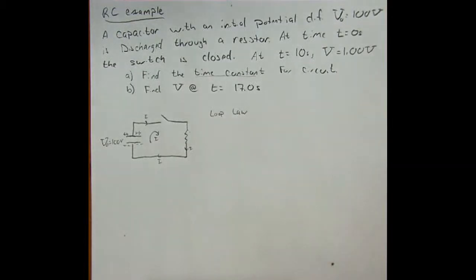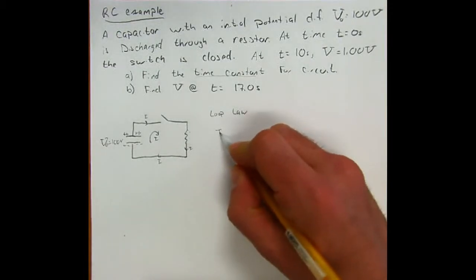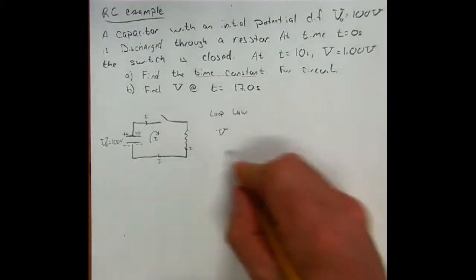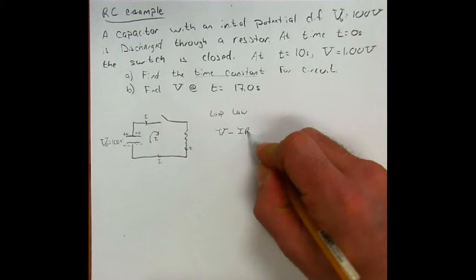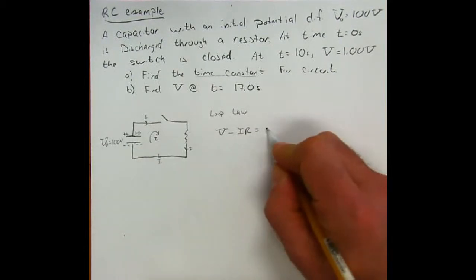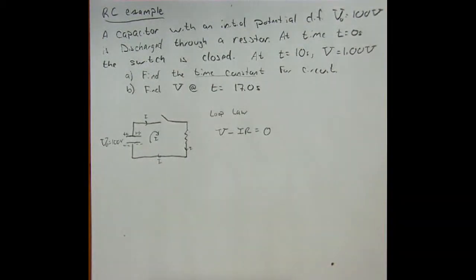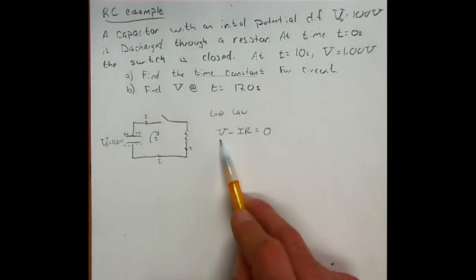So if I'm starting, I should have the potential difference minus IR equals 0. Just following that along. And what we should start to remember here is that V is going to tell us something.